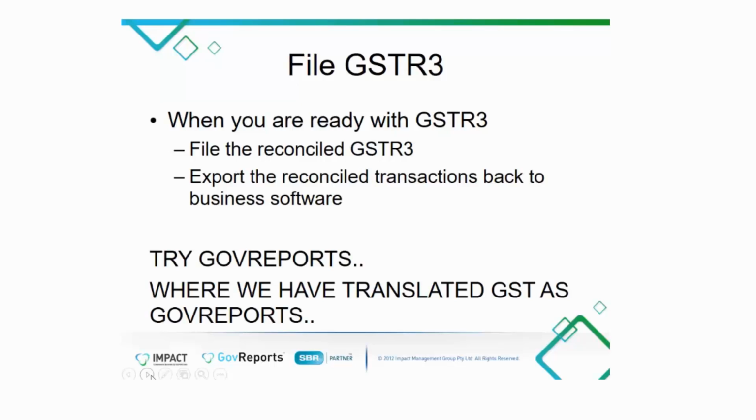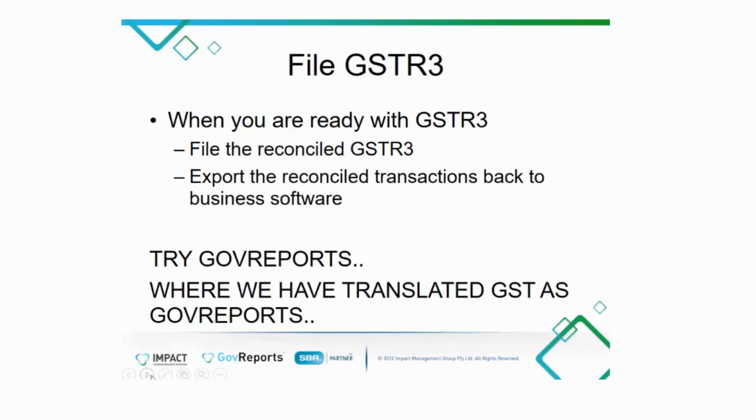So now, once the data matching and reconciliation is completed, we can start thinking about filing our GSTR3. When you are ready with GSTR3, file the reconciled GSTR3. Export the reconciled transactions back to business software.